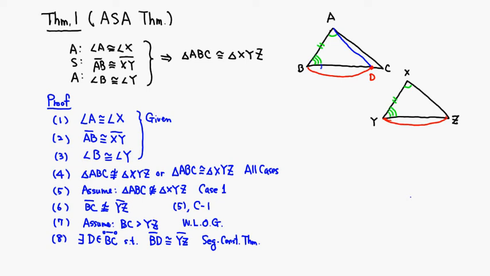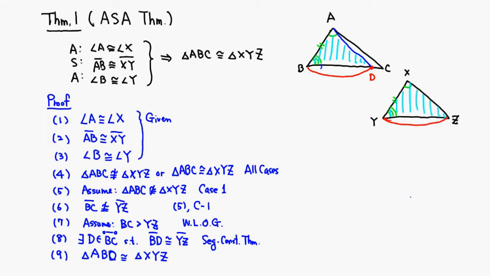So we know that triangle ABD is congruent to triangle XYZ.